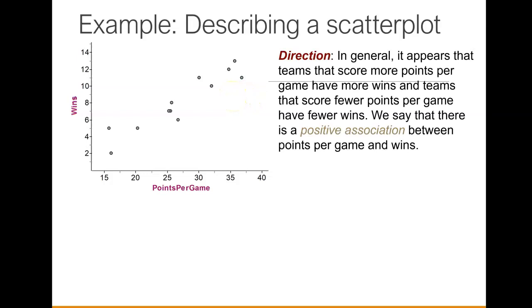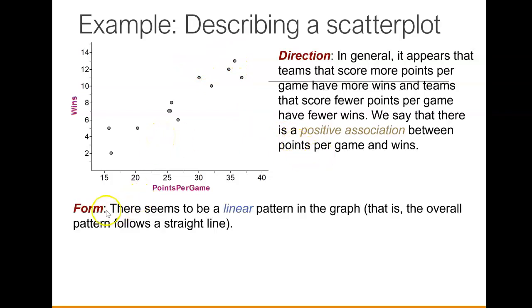So in general, it seems to be that teams that score more points per game have more wins. That's probably not surprising. And the teams that score fewer points per game tend to have fewer wins. So that's a positive association between points per game and wins. There seems to be a linear pattern, right?